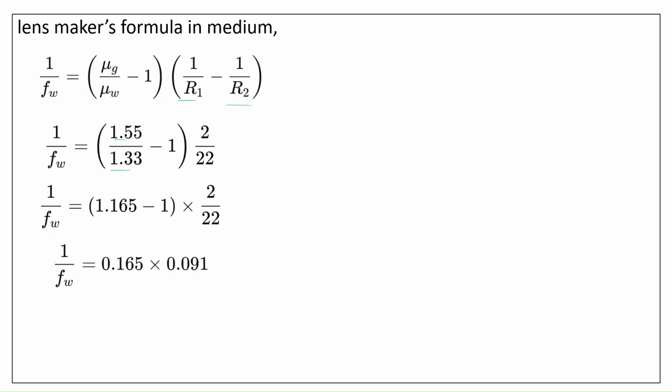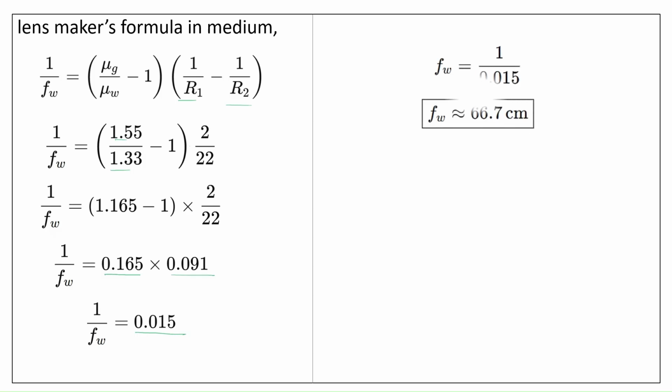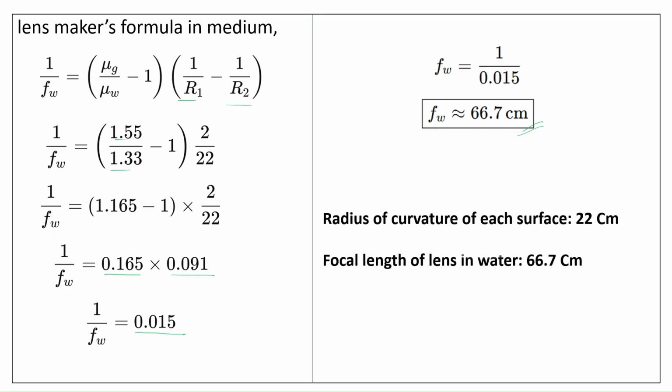We get 1 by Fw is equal to 0.165 into 0.091. Therefore, 1 by Fw is equal to 0.015. So, Fw is equal to 1 by 0.015. Finally, we get Fw is equal to 66.7 cm.